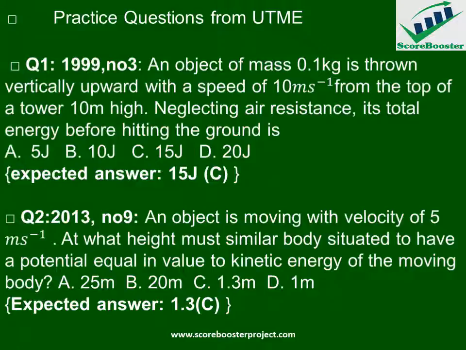Option A is 25 meters, option B is 20 meters, option C is 1.3 meters, while option D is 1 meter. Expected answer here will be 1.25, which is approximately 1.3. That is option C. We are to use the law of conservation of energy in this second one, taking note that your PE will be equal to KE. Of course, they've told you in the question.